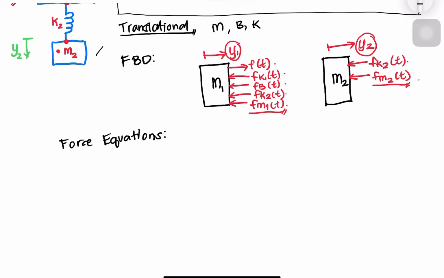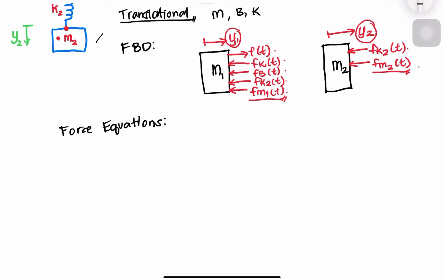Before we get the actual equation, let's first get the corresponding formula for these specific forces. How do we get those? Using the formulas we studied in translational and rotational mechanical systems. So for equation 1, we will have Fm1 is equal to m1 d squared y1 over dt squared.